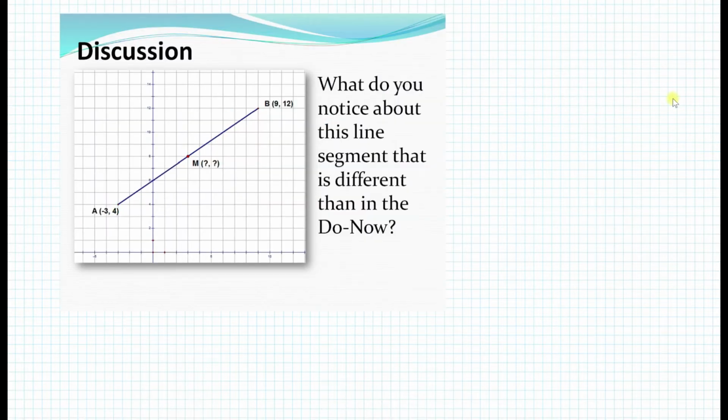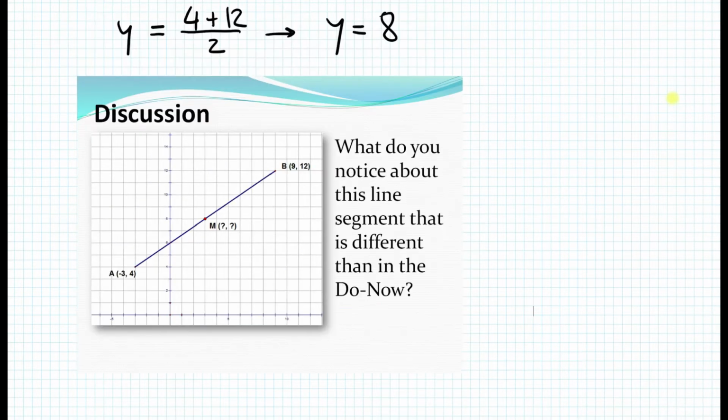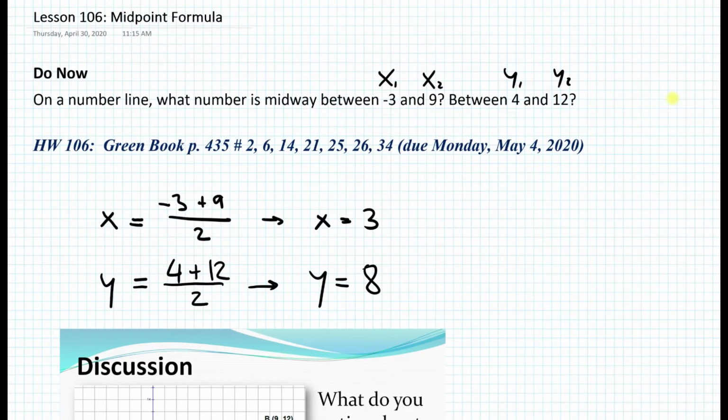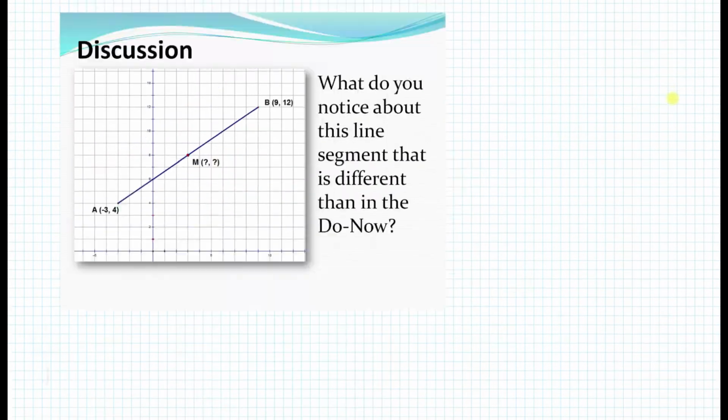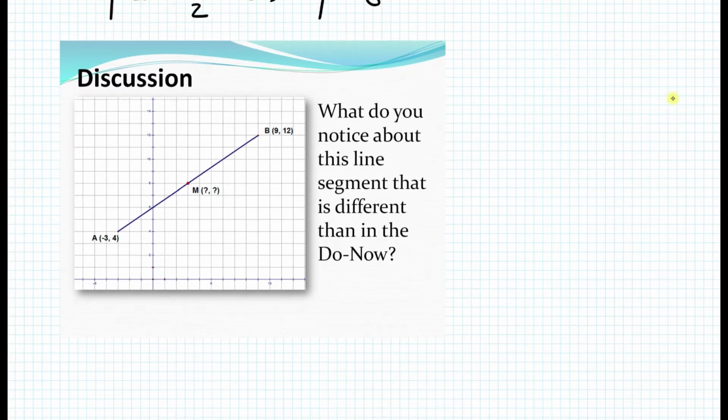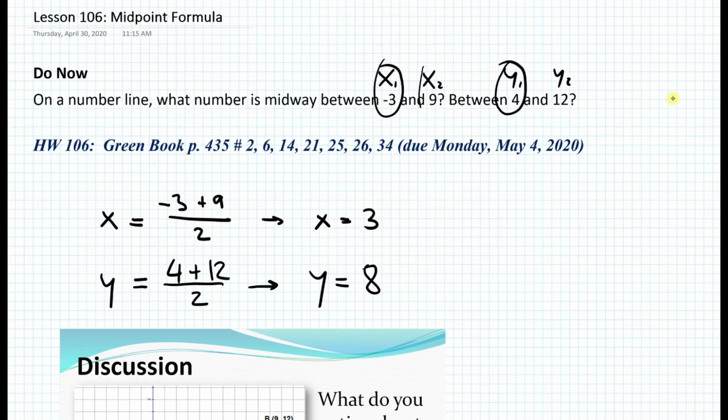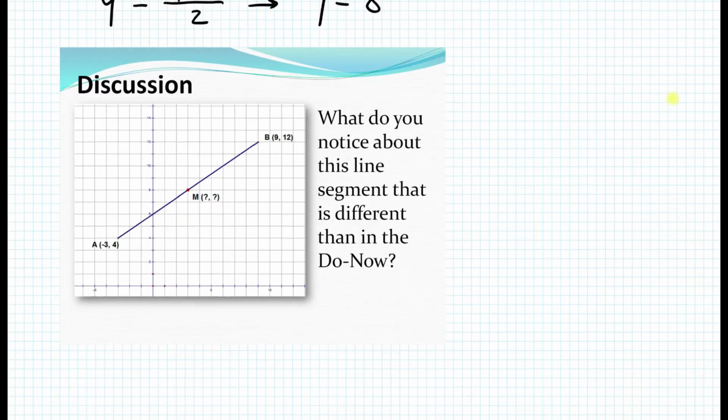For point A, that is (-3, 4), okay? So in this case, we're taking the x1 and y1, so I'm plotting that. And then point B is (9, 12), and it will be here, right? 9 and 12. So I just plot them this way.